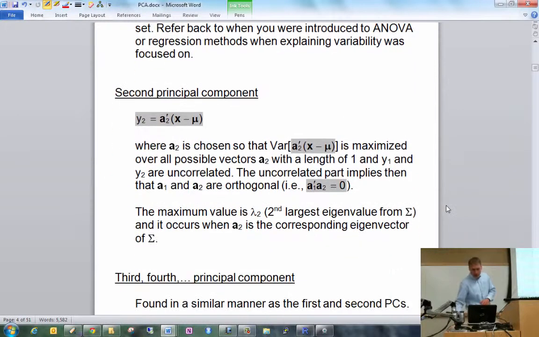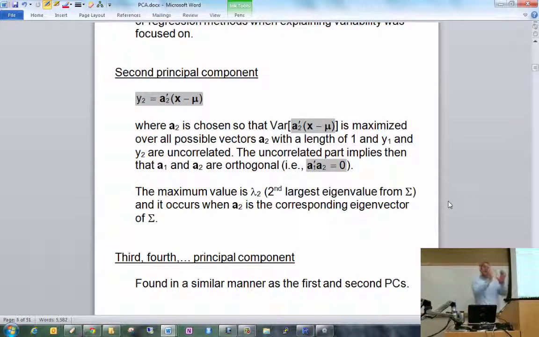So what's the second principal component then? That's the first new variable. Our second new variable is found in a very similar manner. So y2 is going to be our second principal component, our second new variable, and it's going to be a2 prime times x minus mu, where a2 is the eigenvector corresponding to the second largest eigenvalue from sigma.